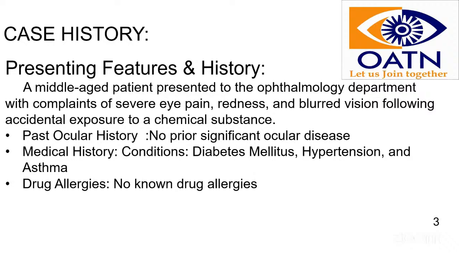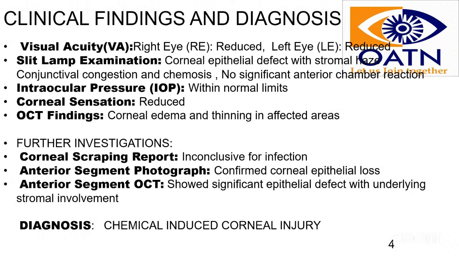The medical history is diabetes, hypertension, and asthma, with no drug allergies. Clinical findings: visual acuity is reduced to 3/60 and below. On slit lamp findings, we can see corneal epithelial defect, stromal haze, conjunctival congestion, and chemosis.